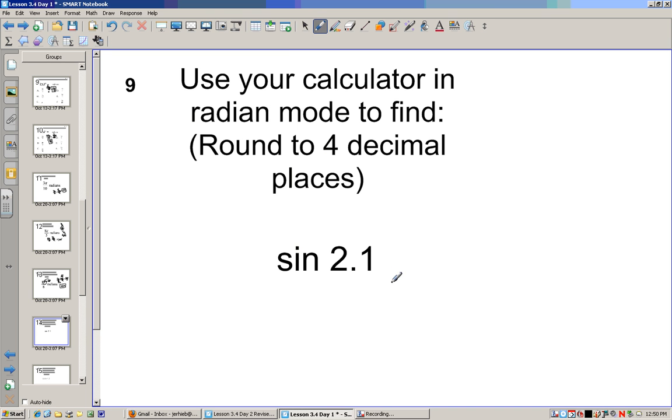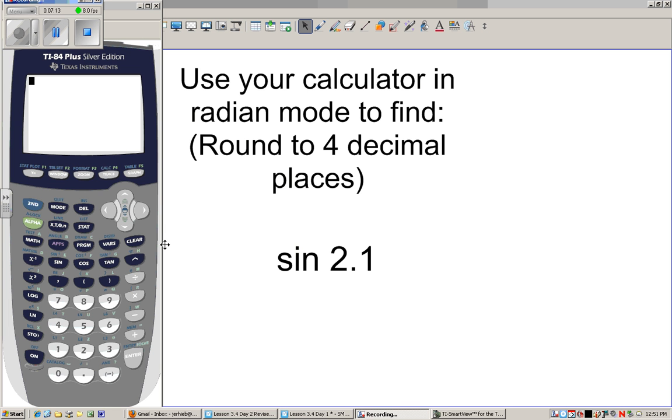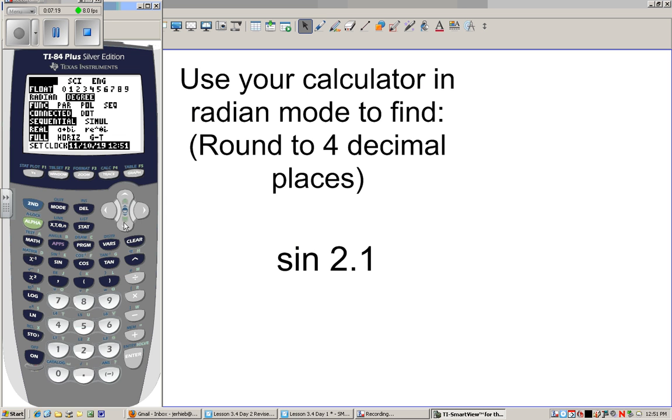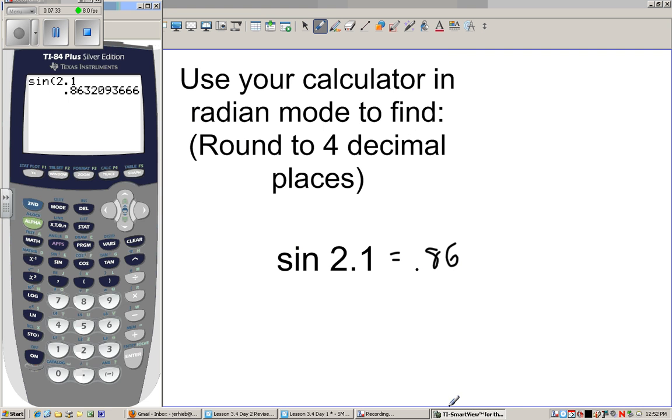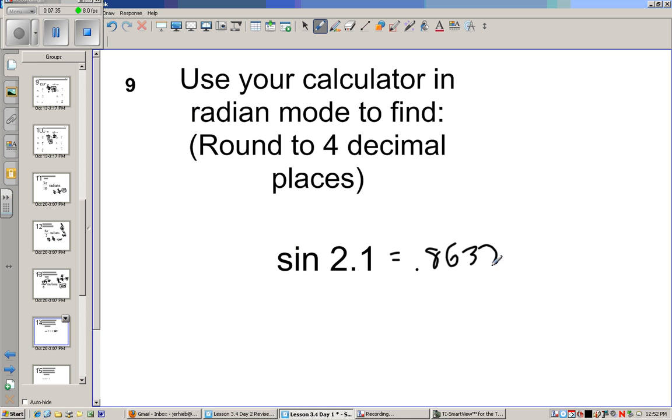All right, now to do this, we need to take out our calculator. All right, and so now that your calculator's out, what we have to do is turn the mode on. Let's put this in radians. And if I do the sine of 2.1, now it will give me the answer in radians. So that's 0.8632.